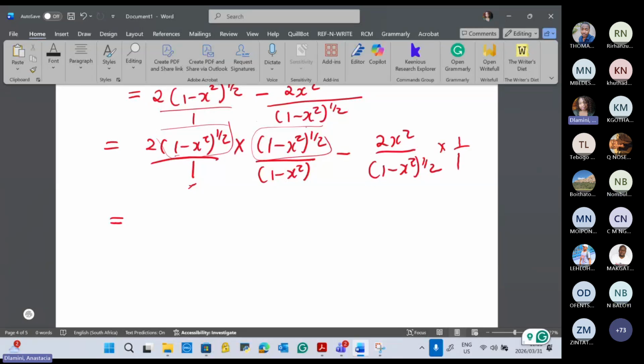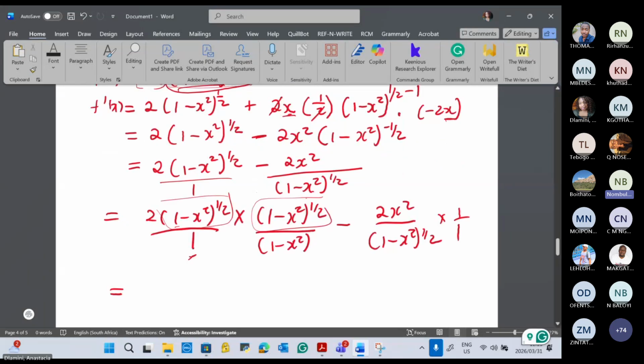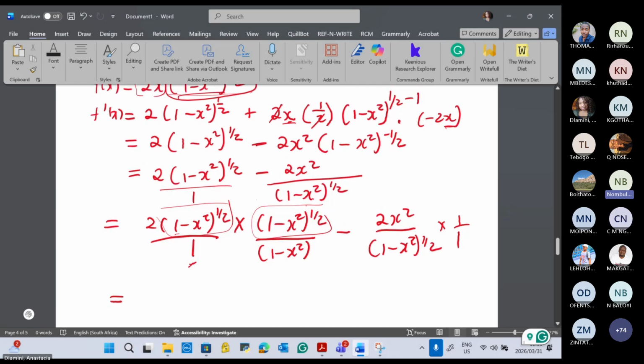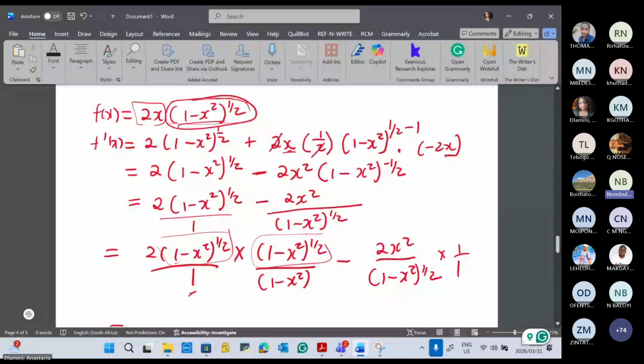Do you remember when I said let's change the exponent half to square roots, and then you make the negative half a denominator, like a positive square root of 1 minus x squared?